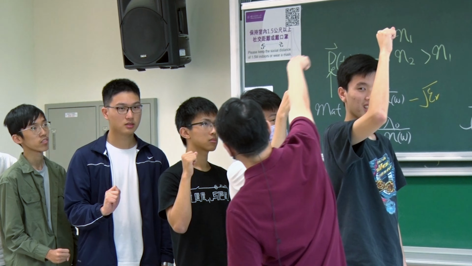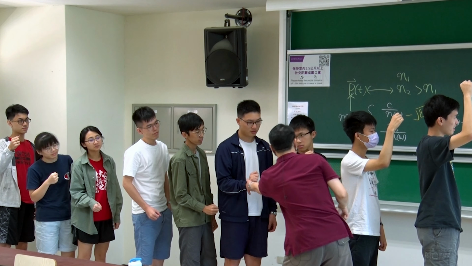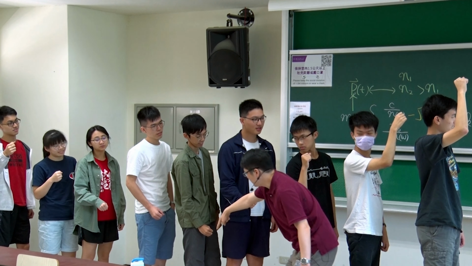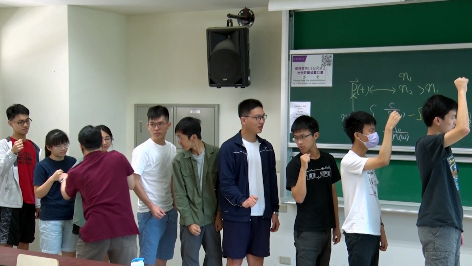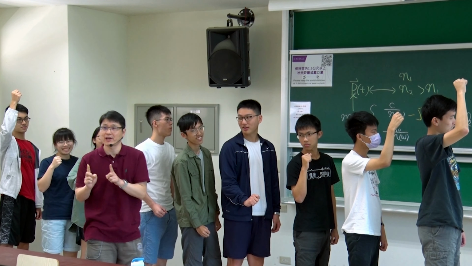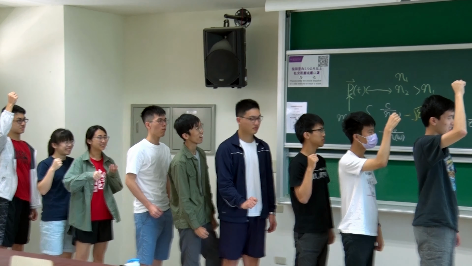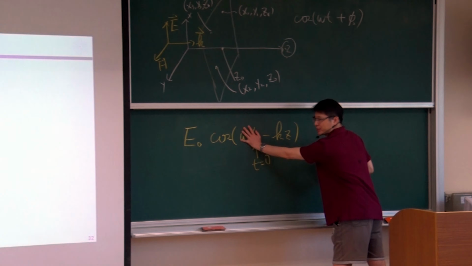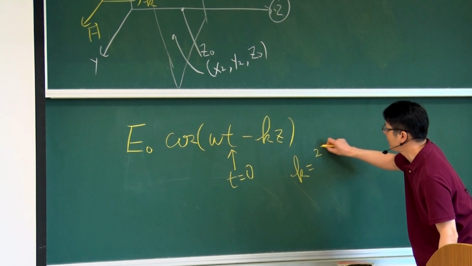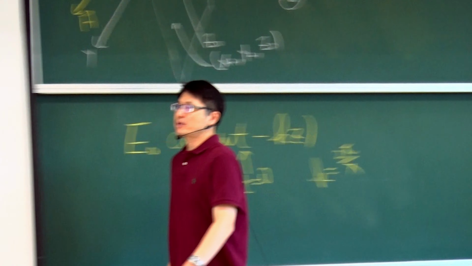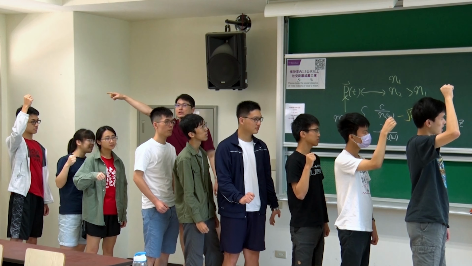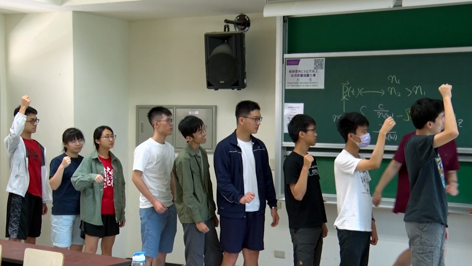You start from the maximum, you reduce, this is your peak and this is the valley, and then it comes back to the peak. That is one wavelength. Because you have removed the time term, you only see the spatial behavior, and you still remember k is 2 pi divided by lambda. Coming from the maximum, dropping to the valley, and coming back to the maximum, that is one wavelength.